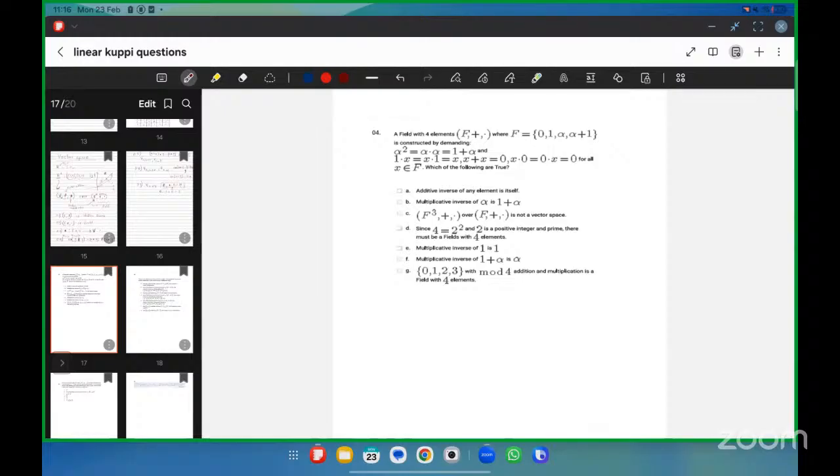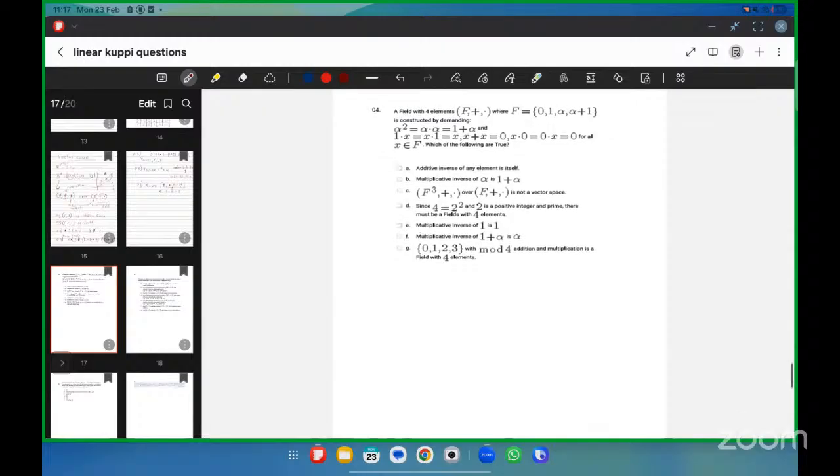Okay, I'll do this question. So for this question, it's a 4-element set, and plus and the dot are defined.